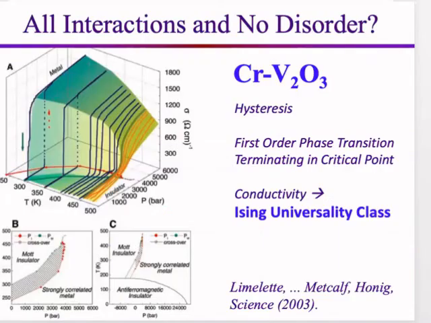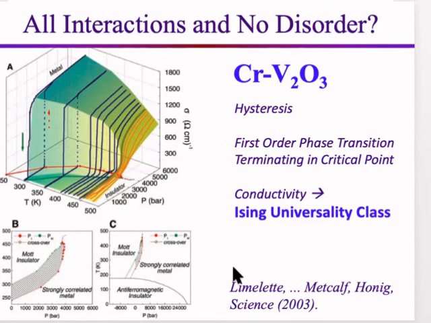Now, in V2O3, chromium doped V2O3, there has been some work looking at criticality that comes up in the critical endpoint of the metal insulator transition. So if you consider the metal insulator transition like a first order phase transition from one phase to another, and then you find that that first order transition has an end point around which you can proceed without going through the transition, then you have a critical endpoint.